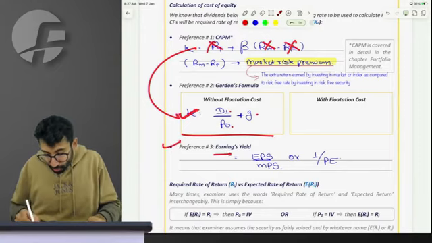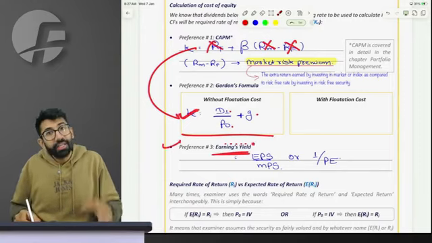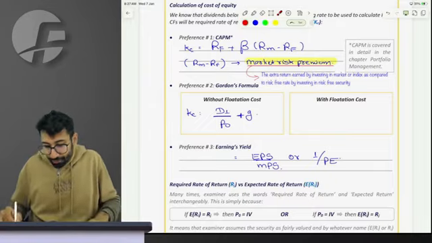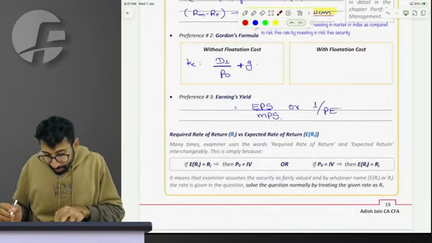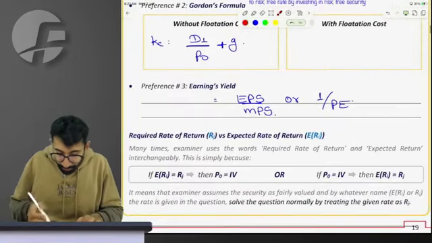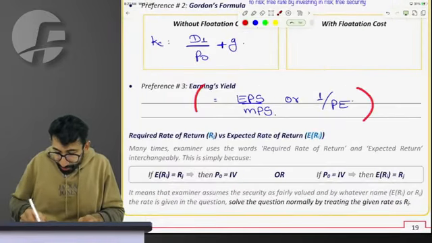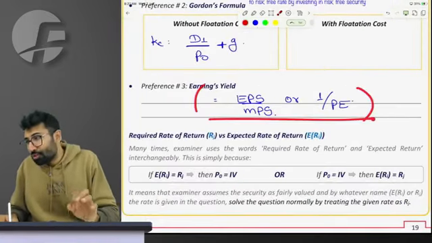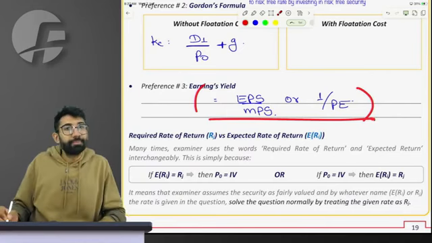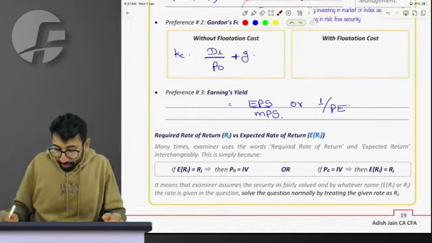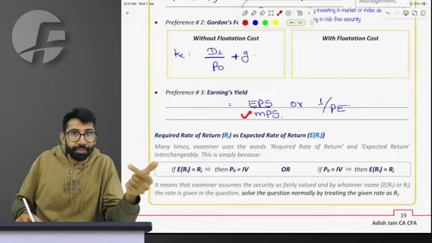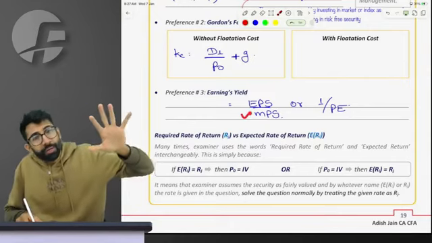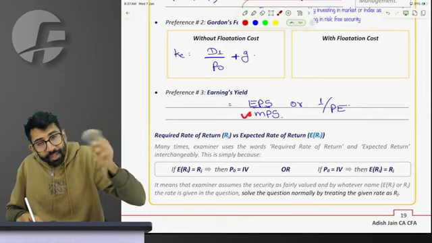If that is also not there, then the earnings yield is the calculation of cost of equity, which is EPS divided by MPS. Did you observe the logic behind this formula is also really basic and simple? In the denominator comes the amount that you invest, and in the numerator comes the return on that investment.